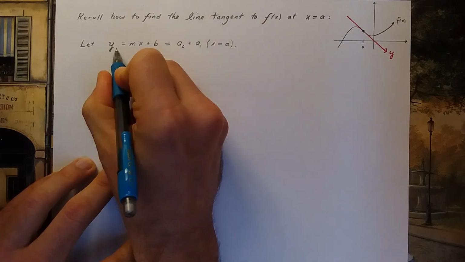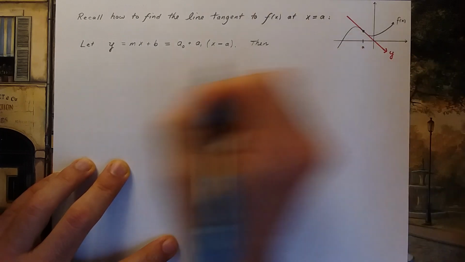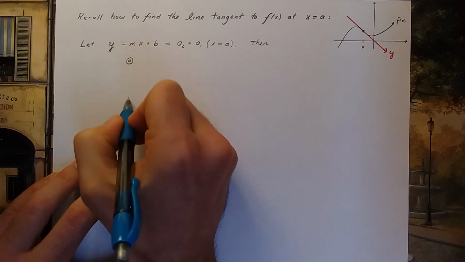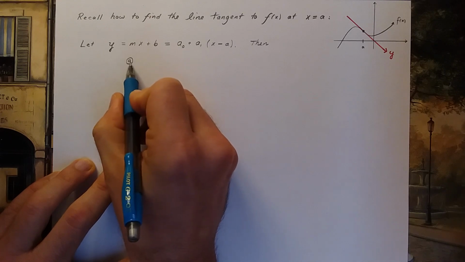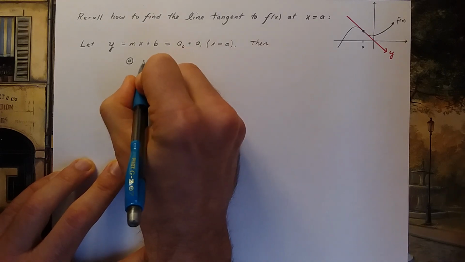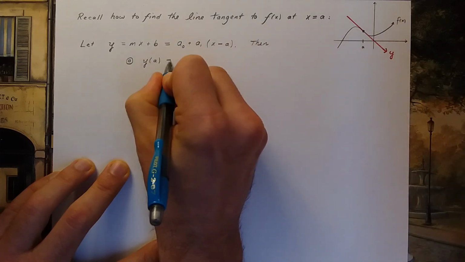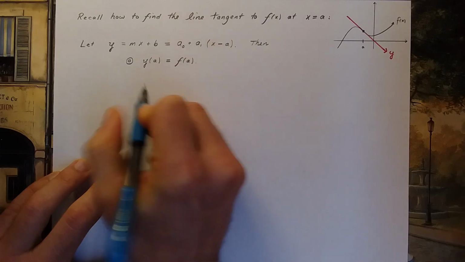If this is my line, then I could say two things about y. Property 0. I like to start my lists with 0, as any good computer scientist should. The 0th property is, if I plug in a to the line and I plug in a to the function, I should get the same value.